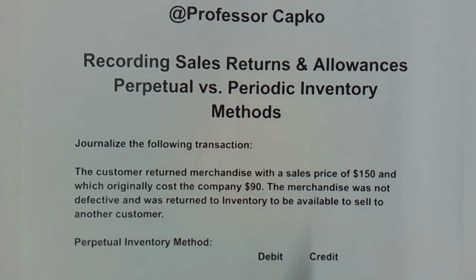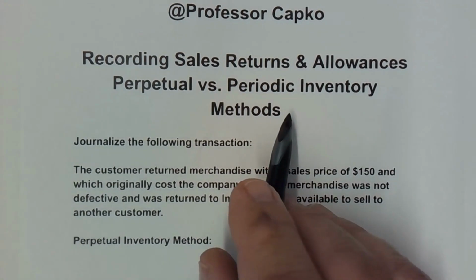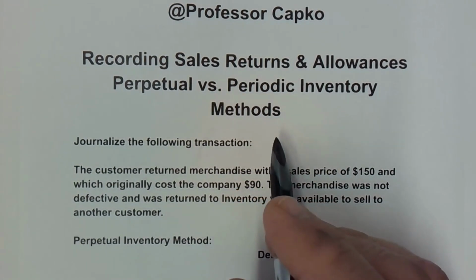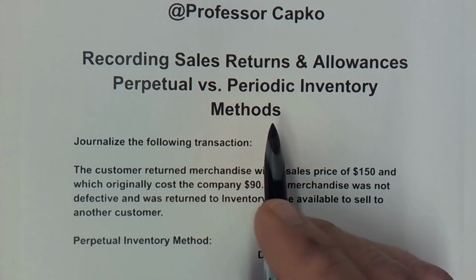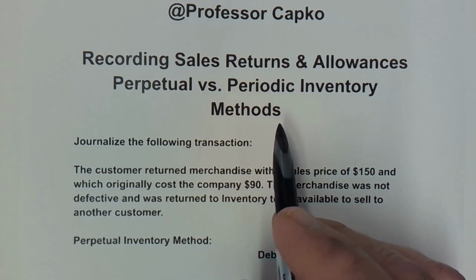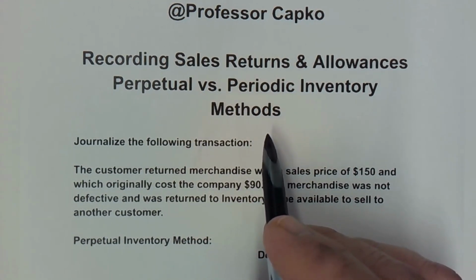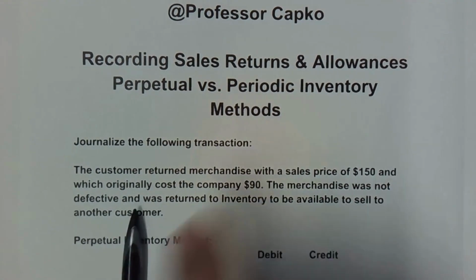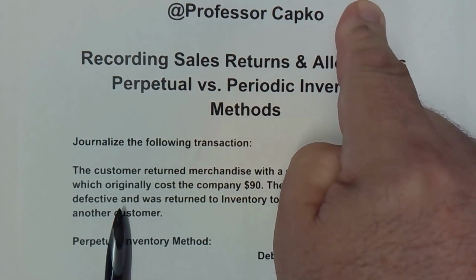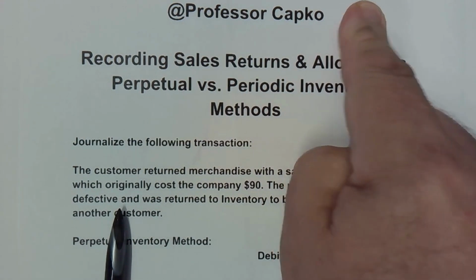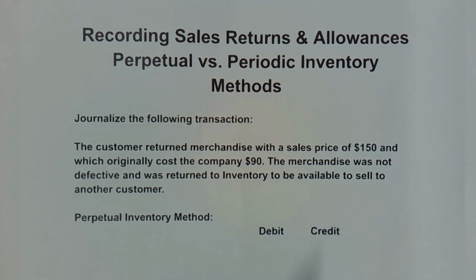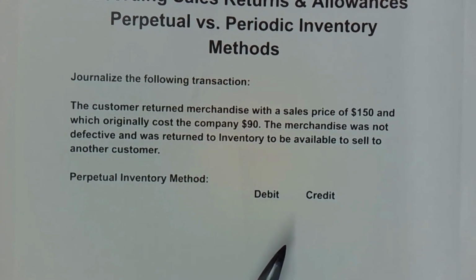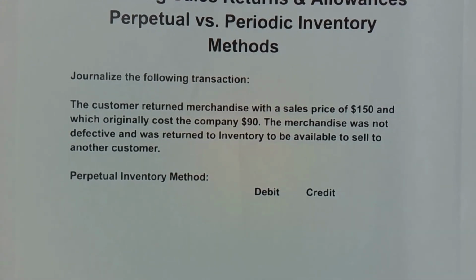All right, I've been doing a series on the perpetual versus periodic inventory methods, and I am doing the second part of it now where we're looking at the sales side of it. You can take a look at the first video in the series, and I've linked it up here for you. So we did a video last time in which we journalized the sale of merchandise to a customer on account.